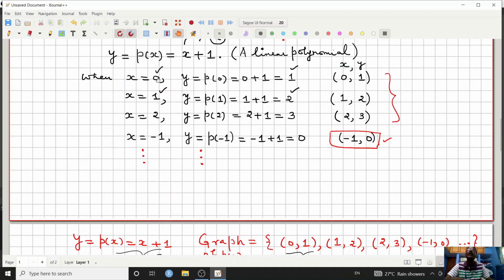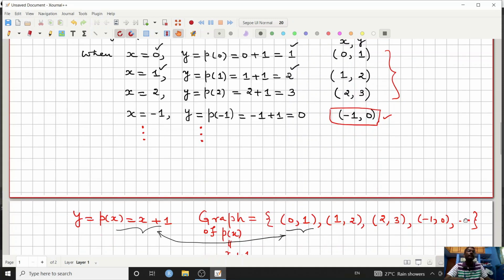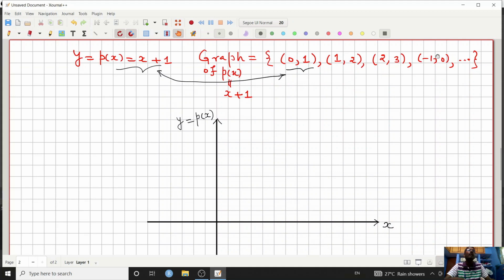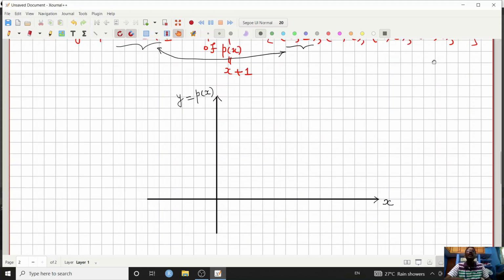When x is equal to 1, 1 plus 1 is 2, so y is equal to 2. When x is equal to 2, y becomes 3. So (2, 3). When x is equal to minus 1, y becomes 0. So those points are collected here. We have put that in a set. We have collected the points, and we are going to plot these points on a graph sheet.